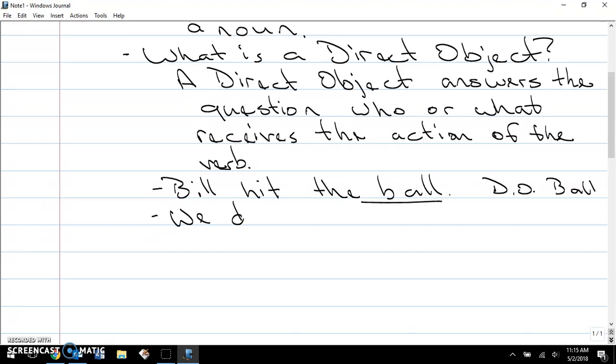We do our homework. Who or what do we do? Homework. Direct object is homework. So that kind of explains the direct object.